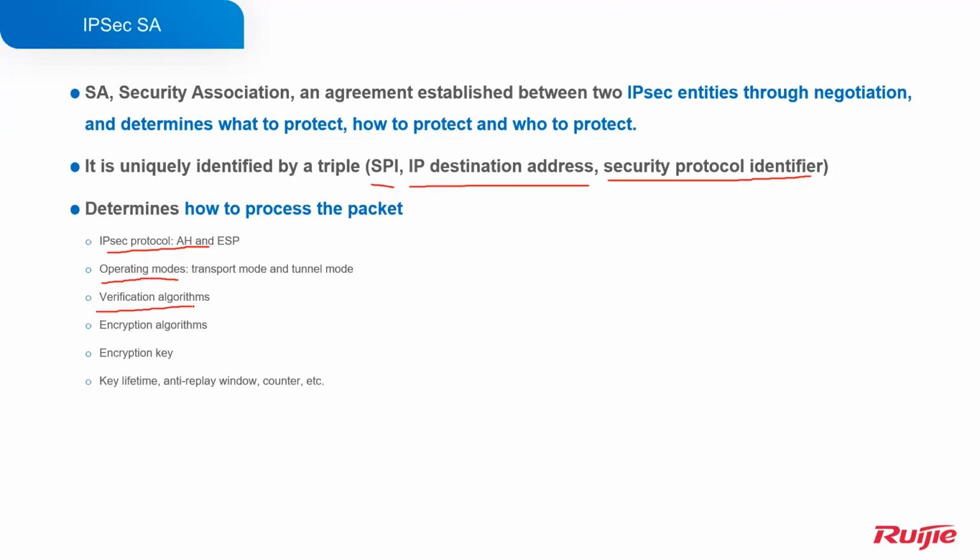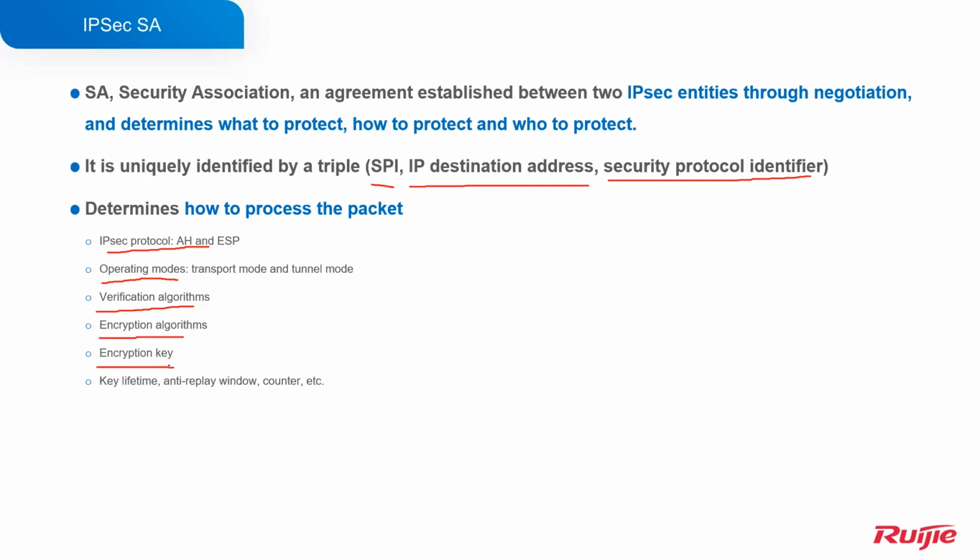And also the verification algorithm and the encryption algorithm. This algorithm provides the function to make sure the message is never changed. And this protects our message. If someone gets the information, they also cannot realize what the original message is. And also which key you want to use, right?